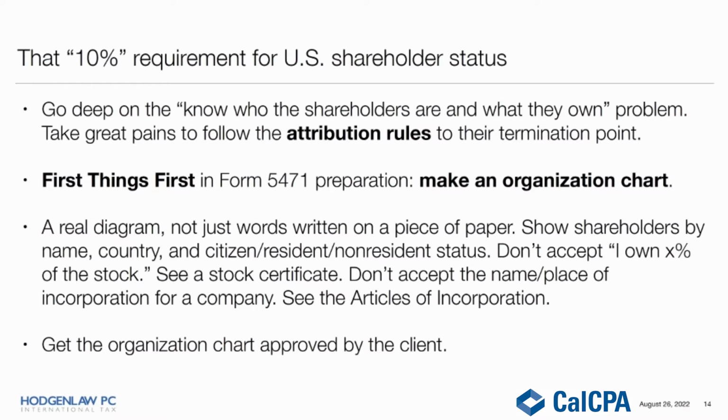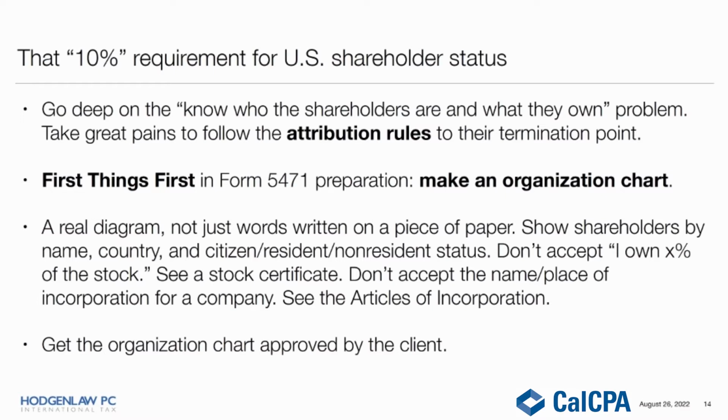I can't tell you the number of times that I've started with a new client where you get a sketch on a napkin. This is the organization chart for my company. And the percentage of ownership is wrong. The names of the companies are wrong. Everything is wrong. And this is either because they're in a hurry or because they thought the company issued shares, but it never did.